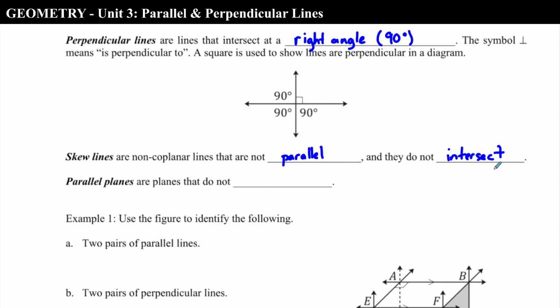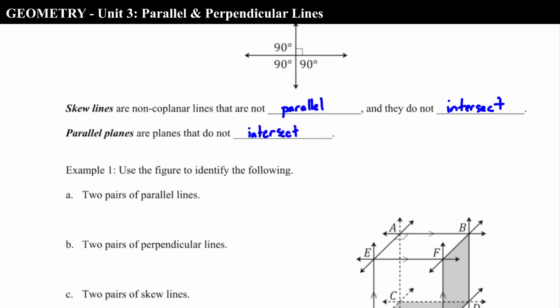Parallel planes are planes that do not intersect. So think about one sheet of paper being held over another sheet of paper. Those two planes are parallel and they never intersect.